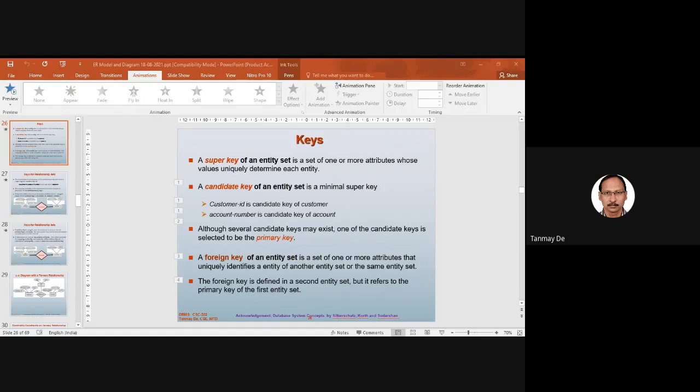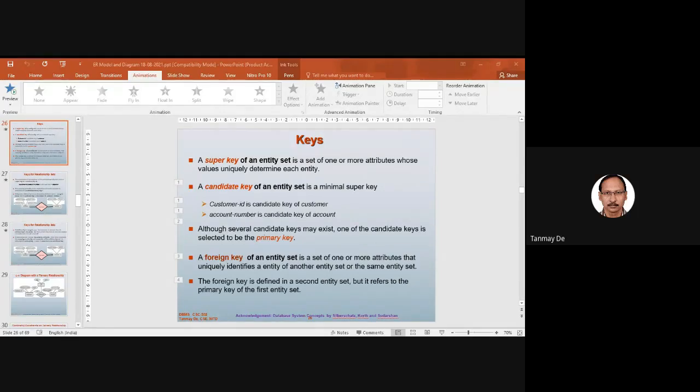Similarly, the customer ID attribute is sufficient to uniquely determine one customer entity from the customer entity set. Is it clear? So during that time, customer name as well as customer ID are candidate keys. Among them, customer ID or customer name, one can be chosen by the database administrator to serve as the primary key, though both are minimal forms of the super key.